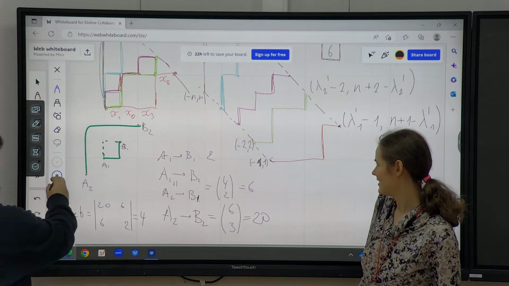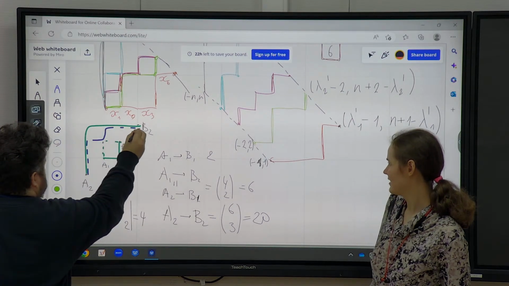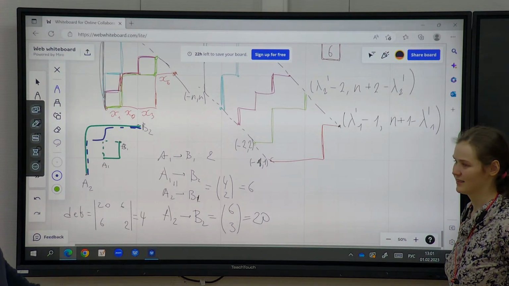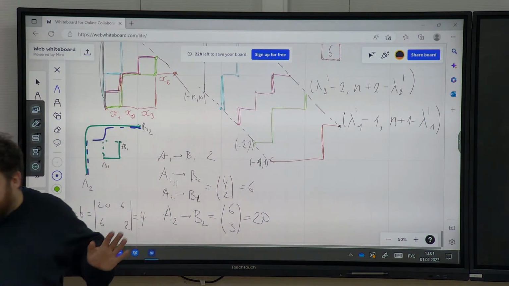Or this guy can go in this way. So there are 6 of them, and the answer is 4. So it's wrong. An exercise for you is to find out why it's wrong.